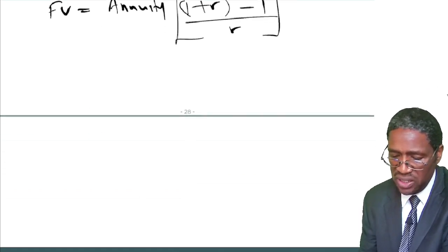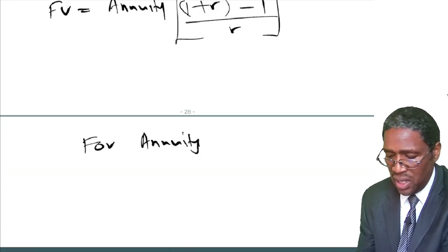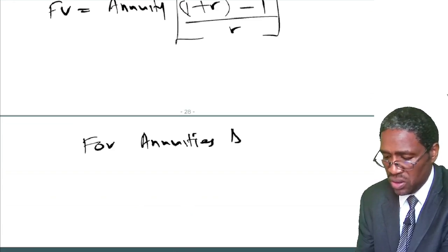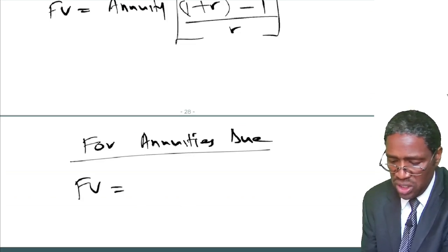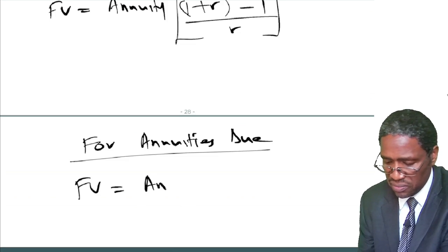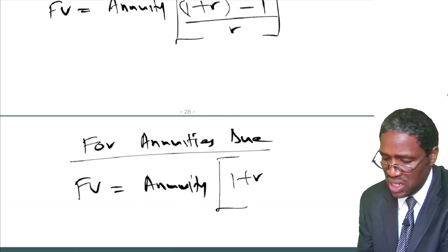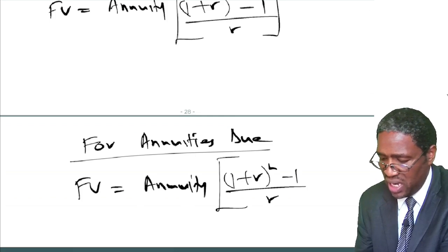Then I will explain the reasoning behind. For annuities due, what's the formula? To get the future value, it will be annuity again into 1 plus r to the power of n minus 1, divide everything by r.